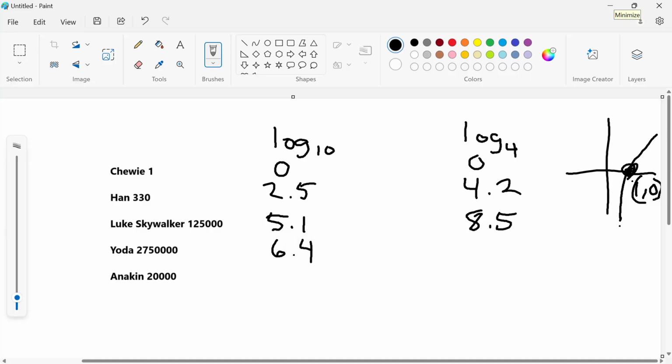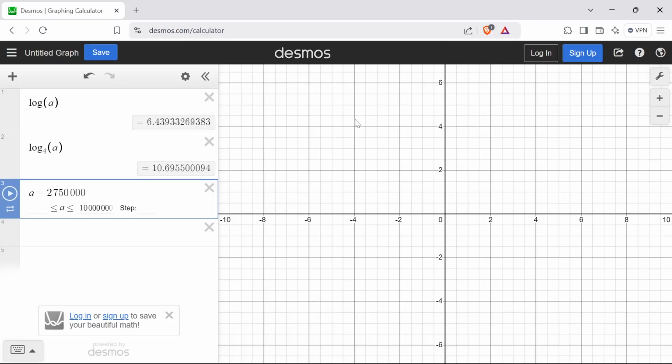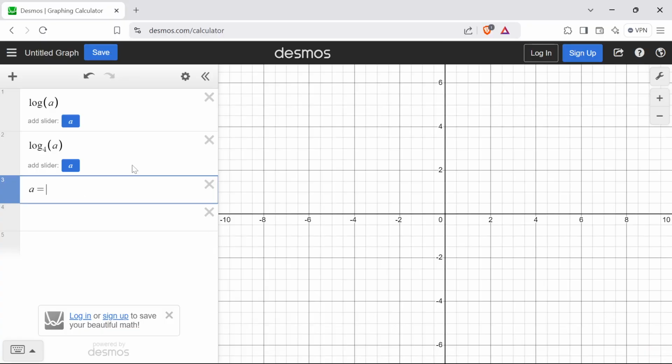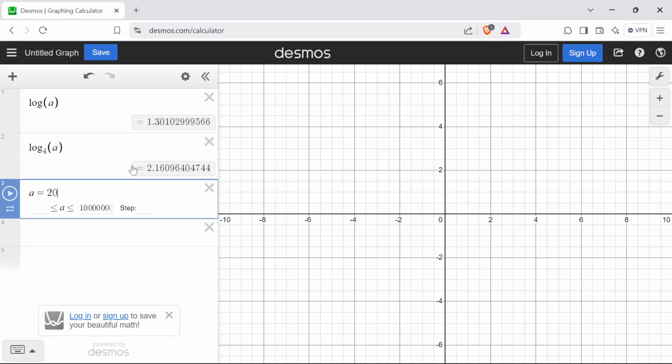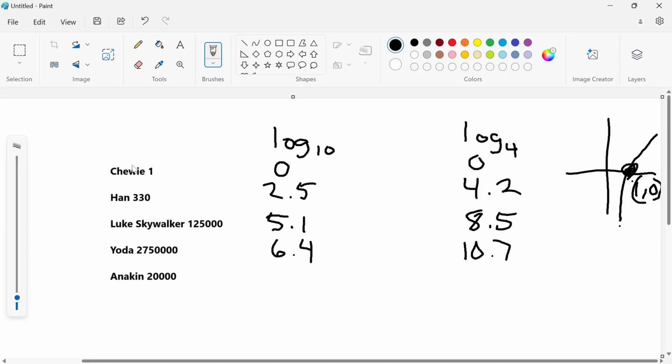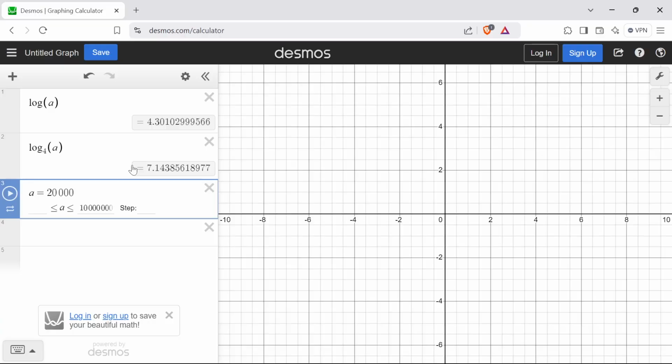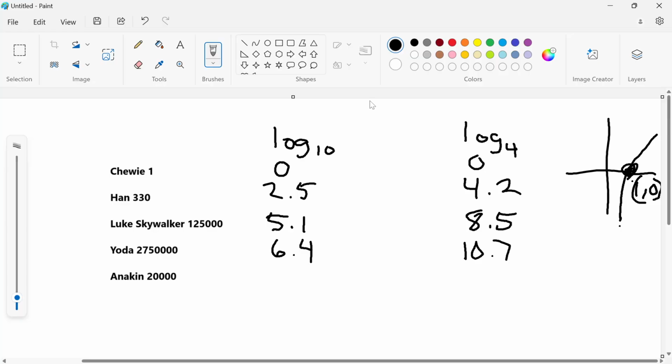And then for Anakin, aka Darth Vader, 20,000, comes out to about 4.3 in the powers of 10 and 7.1, I'm just rounding.